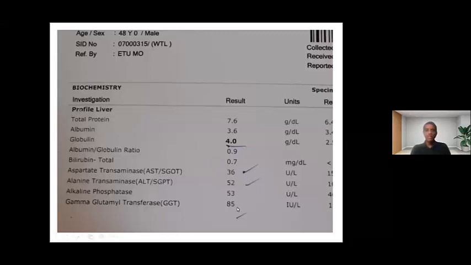So what are the abnormalities here? Fairly, liver enzymes are all right, but you can see very high levels of globulin, can't you? Can you see that?